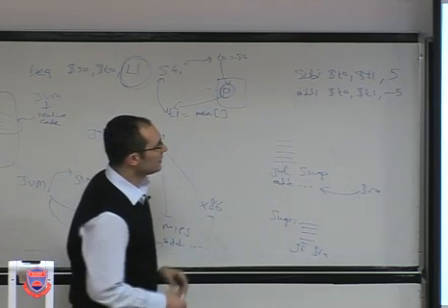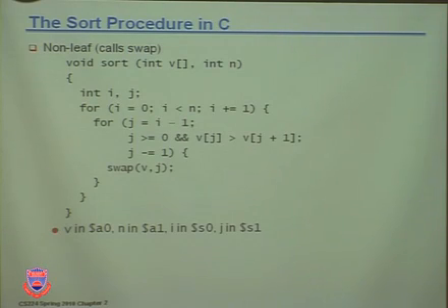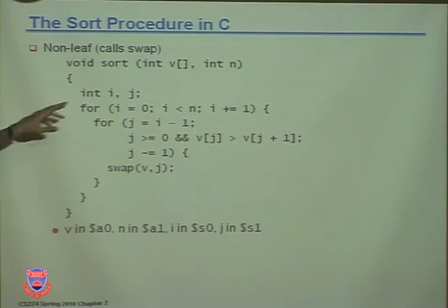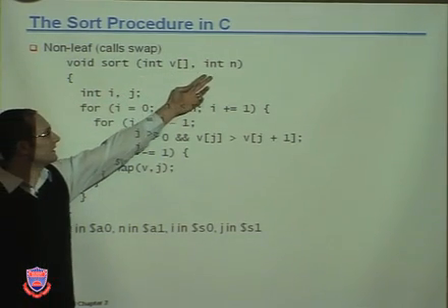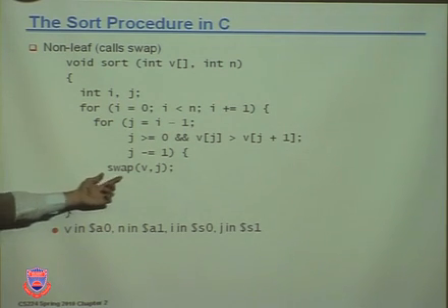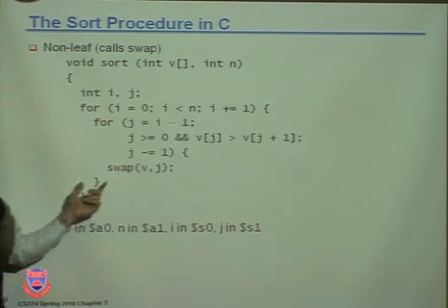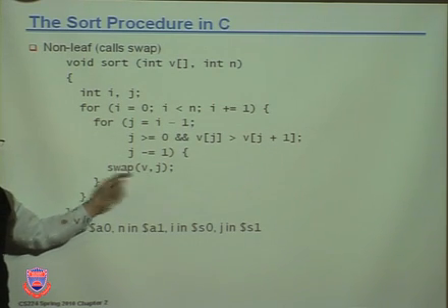Okay. Now we will make things a little harder. This is the sort procedure, the bubble sort, and it actually takes again V array and then an int n, and every time it actually sorts the array based on the elements of the array, and it calls, if you look into here, swap v, j. So it swaps the elements of the array v, the jth entry, with the j plus 1.